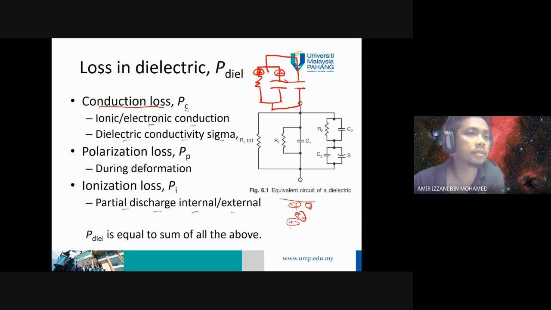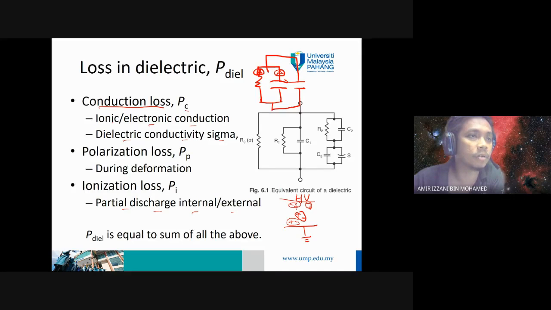Imagine this is the HV electrode and ground. When the switch is off, it's not aligned. When I turn it on, all of these will align, as I mentioned in our previous class, to the direction of the electric field.